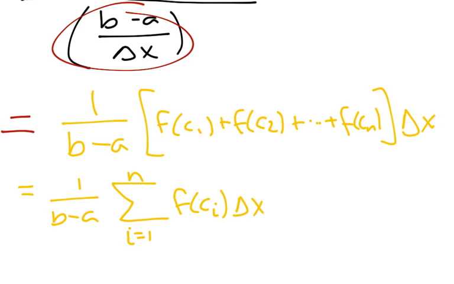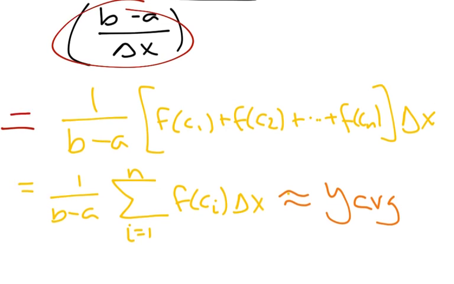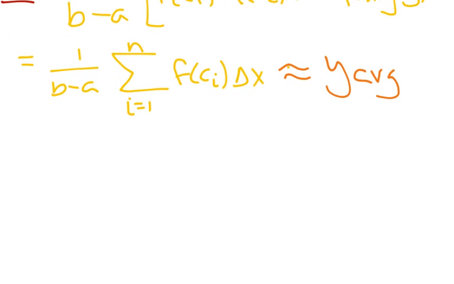Does this look familiar? I hope it does from chapter 5. Now again, this is just an approximation to the average value of y. We make the approximation better by making n larger, and we said we'll make it exact by taking the limit.